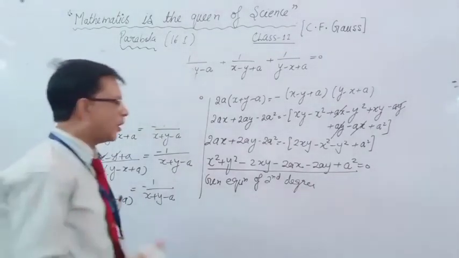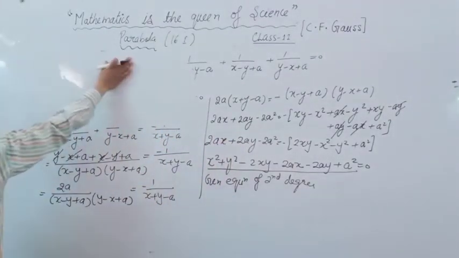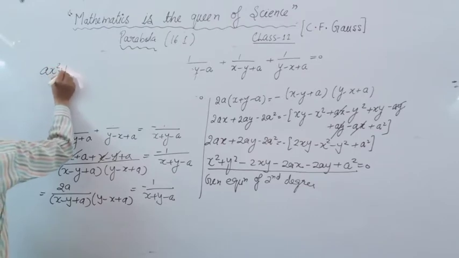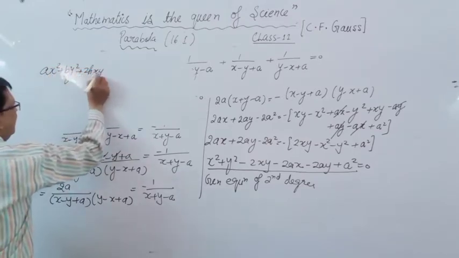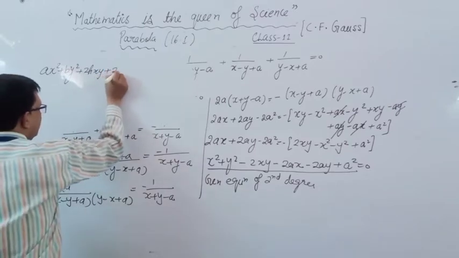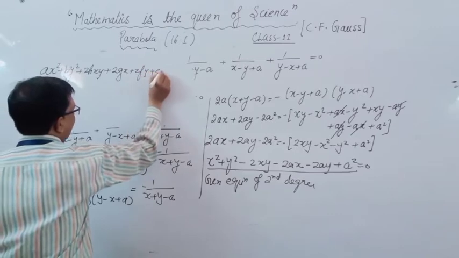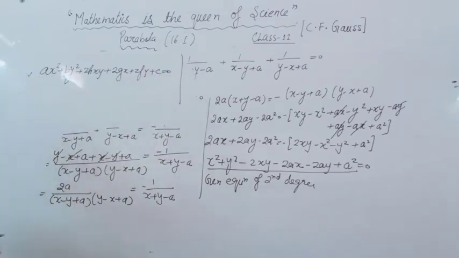For your knowledge, I will tell you the general equation of the second degree: ax square plus by square plus 2hxy plus 2gx plus 2fy plus c is equal to 0. Students, this is the general equation of the second degree.